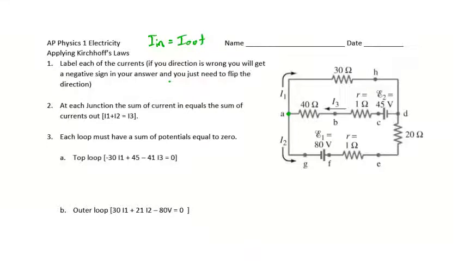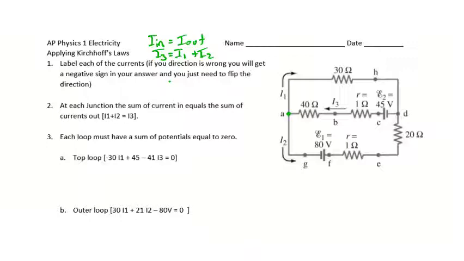So in this case, going into junction A is current 3, I3. Coming out of that junction are two currents. I1 goes up and I2 goes down. So the current going in is I3, the current going out is I1 plus I2.